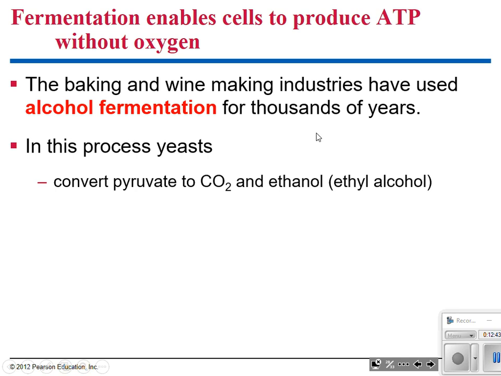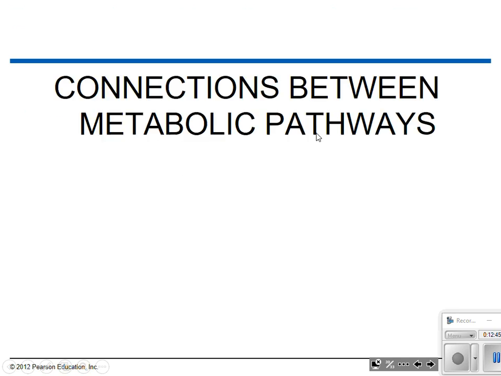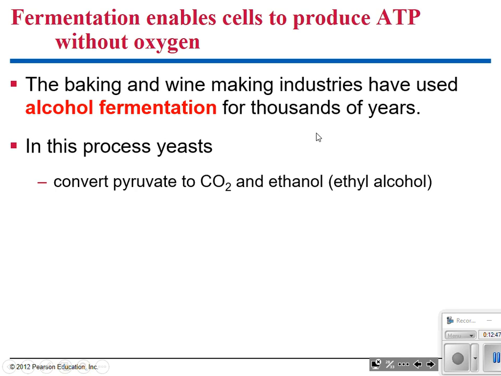So there's ethanol plants around here. The pyruvate is converted to carbon dioxide and ethanol. We got a lot of corn around here, don't we? That's why it's a good place for that.